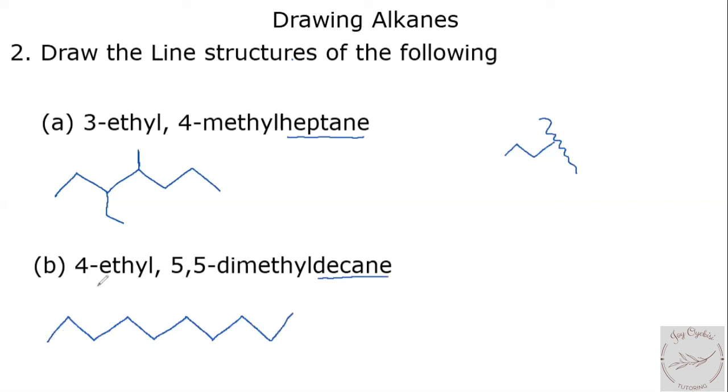Now on the fourth carbon, you have an ethyl group. So you have 1, 2, 3, 4. So here you have your ethyl group. Okay. And on the fifth carbon, you have 2 methyl groups. So that would be 1 and then 2. This is your fifth carbon. So here you have it, the line structure for 4-ethyl, 5,5-dimethyl decane.